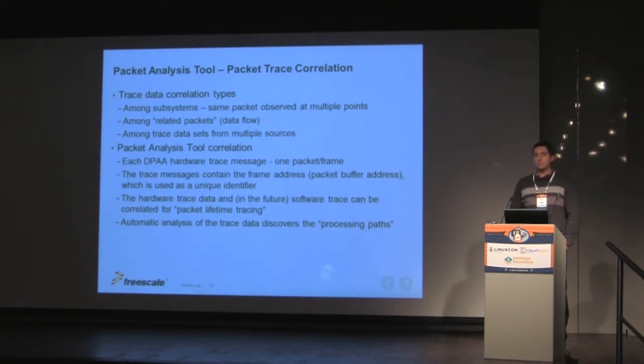Then there's also the issue of identifying the packets that have been processed in a related way. This would be a networking data flow. So for example, all packets that came from the source were sent off to this thread running on this core, whereas the other packets in the system have been sent to a different thread on a different core.